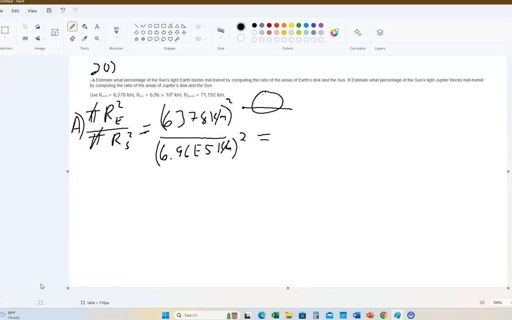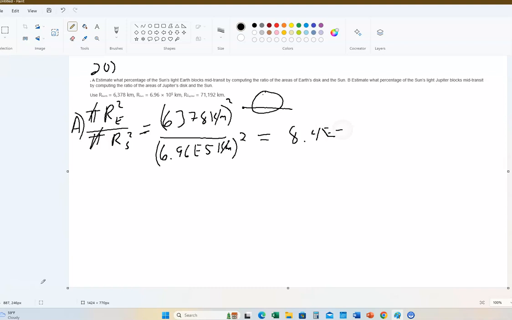This is an incredibly small number. I get 8.397, so something like 8.4 times 10 to the minus 5th.